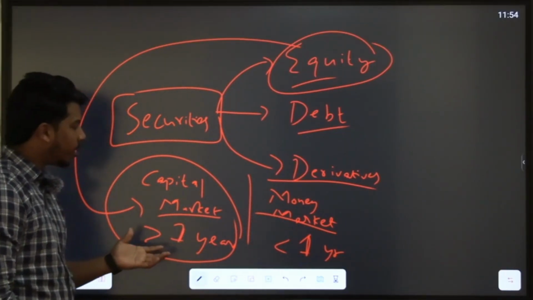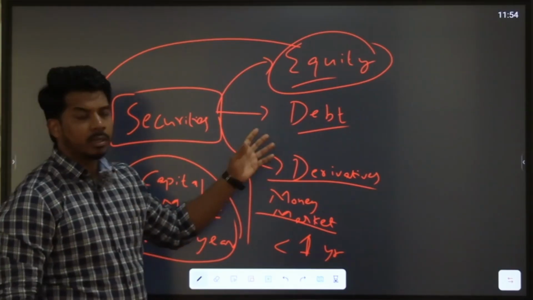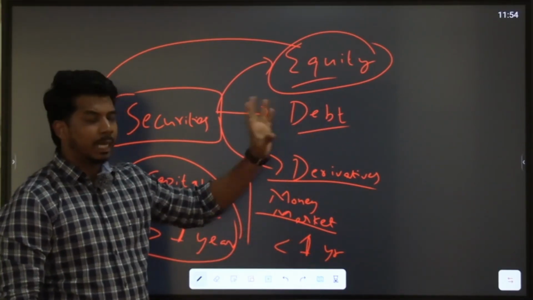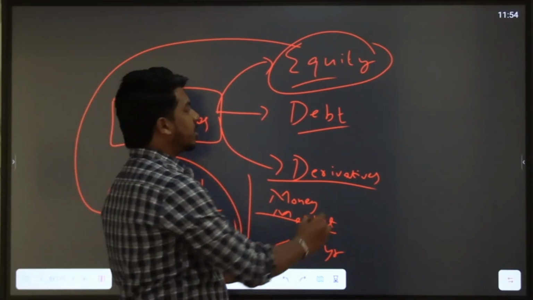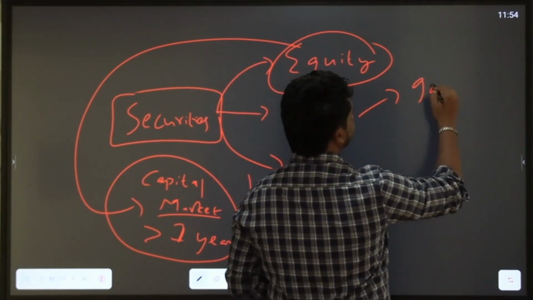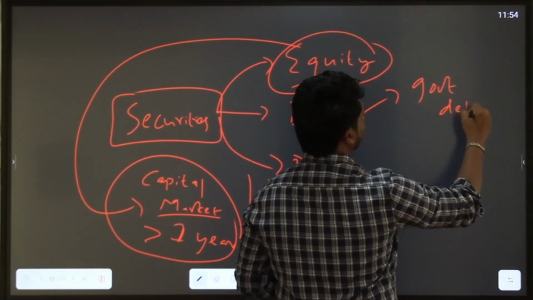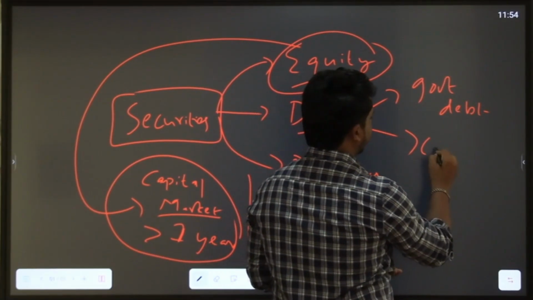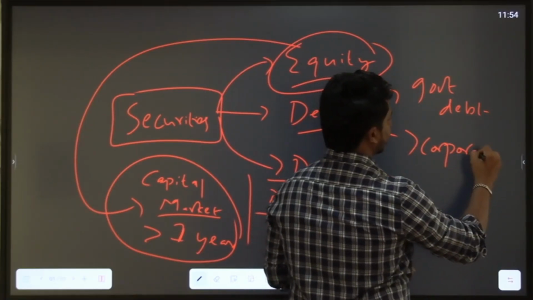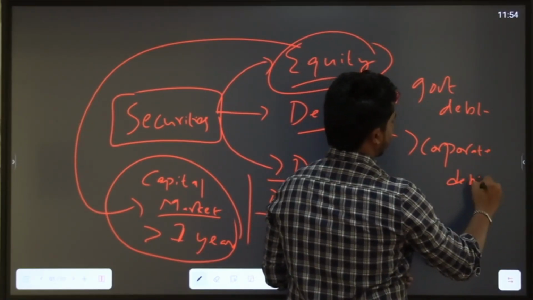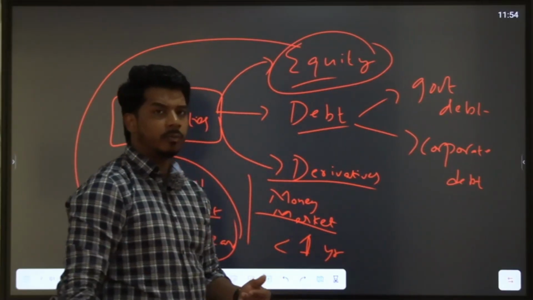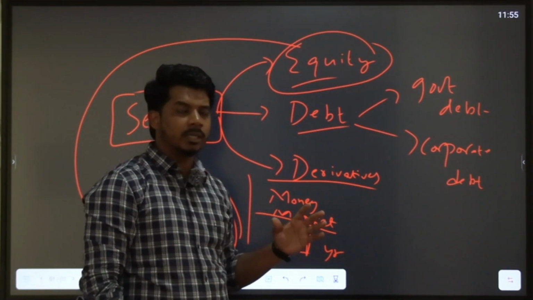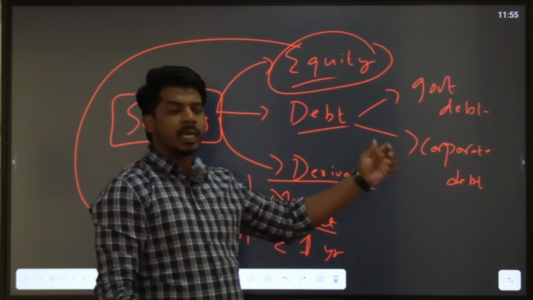Whether your debt is more than 1 year or less than 1 year, this debt you can classify into two. One is government debt, another one is non-government debt or corporate debt. That means whether I give a loan for 6 months, 1 year or 10 years, whatever the duration, I can give that loan either to the government.